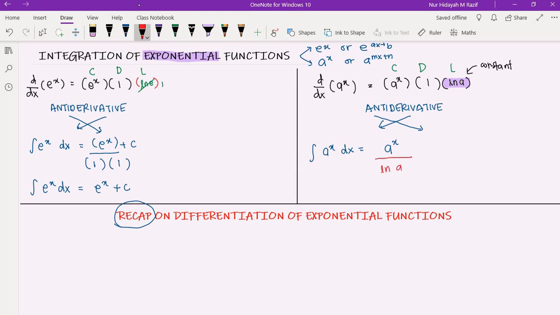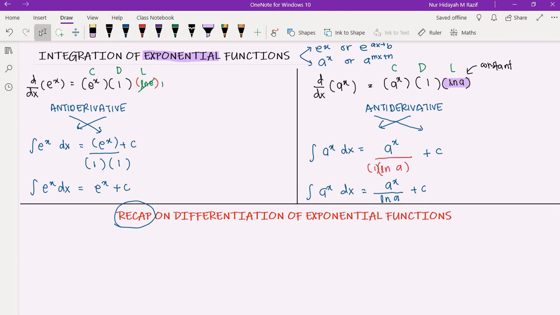It is the same for the second bracket, but since it is 1, I don't need to show it, but I'll just write it there: 1 times ln a, and then we put a c there. So the simplification for the integral of a power of x dx will give me a power of x divided by ln a plus c.